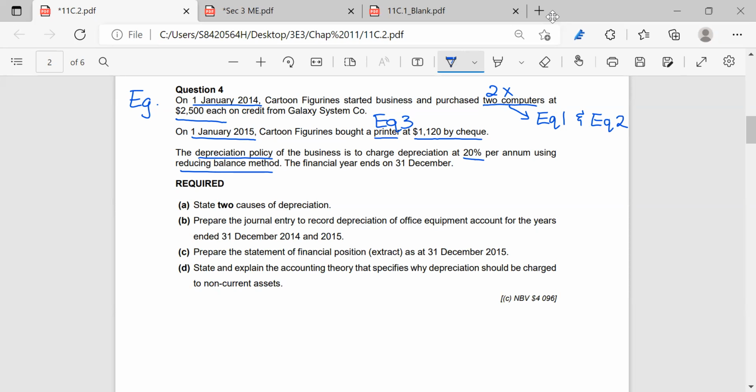So when I draw my timeline for 2014, on the very first day, 1st Jan, I bought two: EQ1 and EQ2.